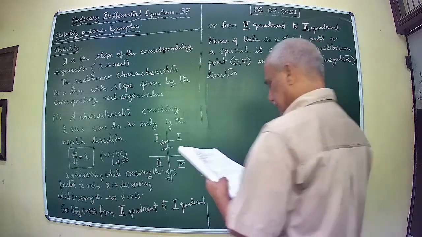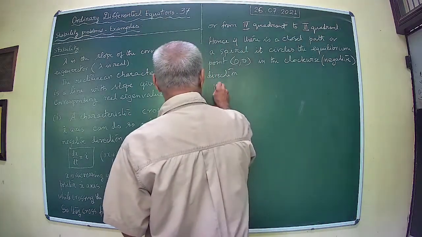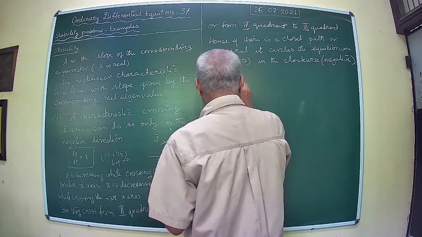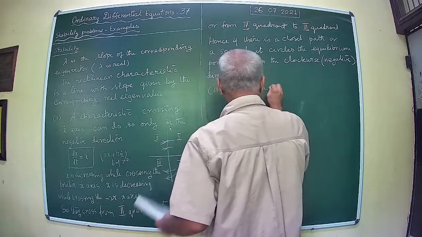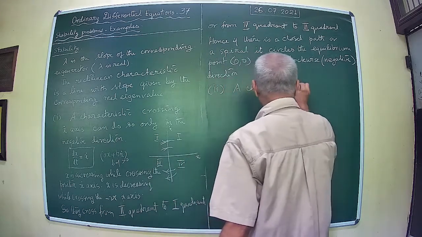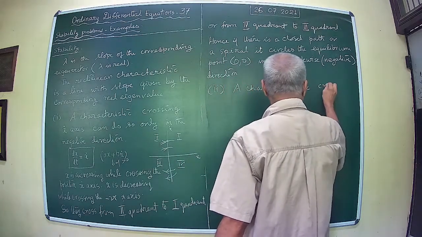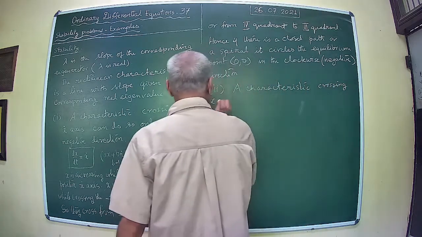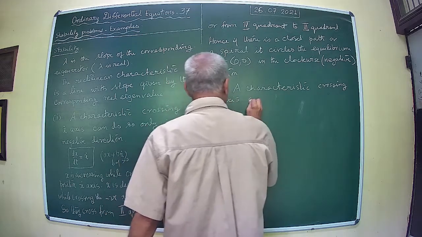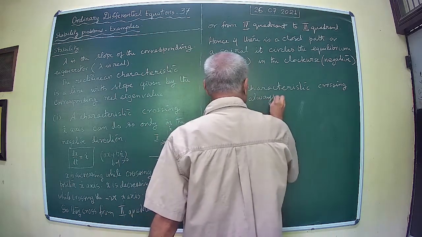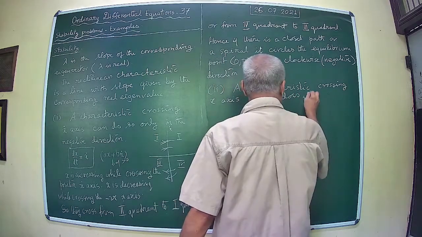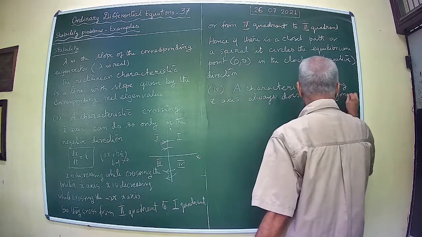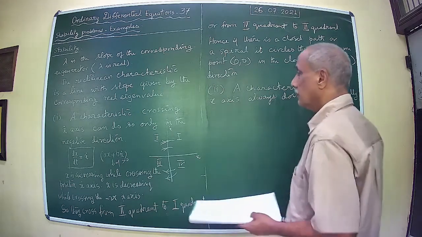Now the second inference that you make is that a characteristic crossing the x-axis is always orthogonal. Why it is so?